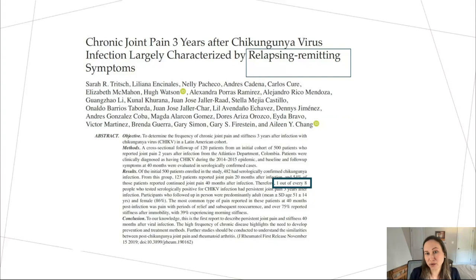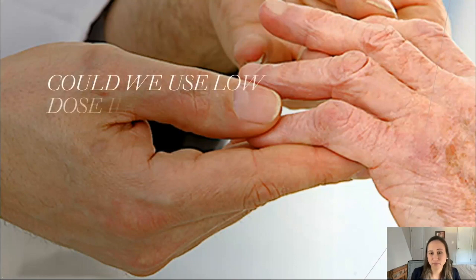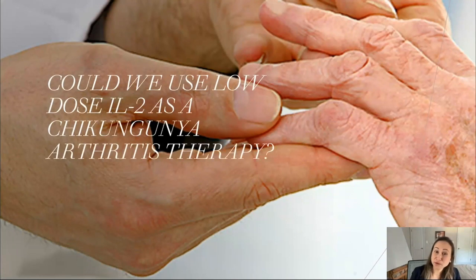So we went back to our cohort after 3 years after their chikungunya infection, and we found that 1 out of 8 of those patients still had arthritis that they attributed to their chikungunya infection. So we asked, could we use low-dose interleukin-2 as a chikungunya arthritis therapy?